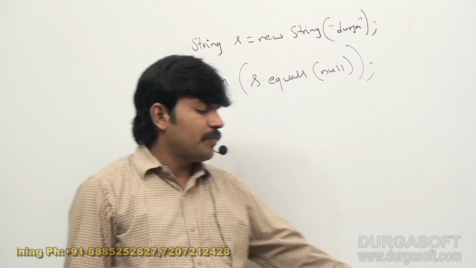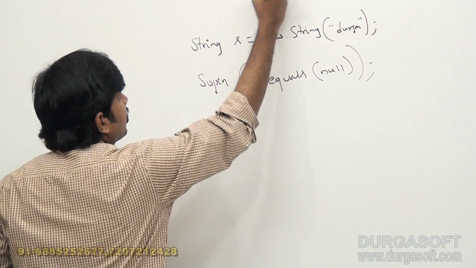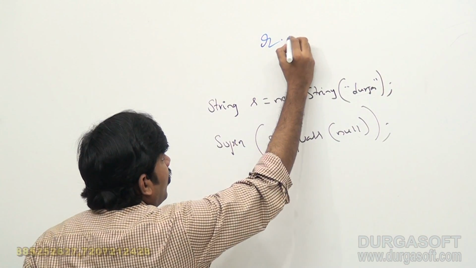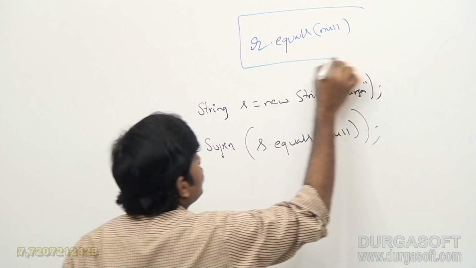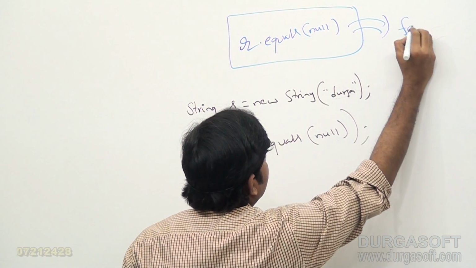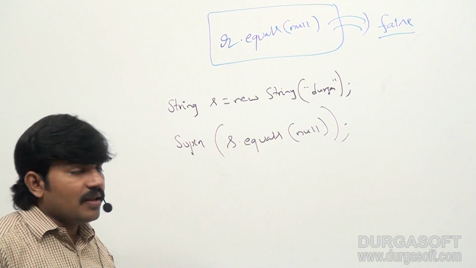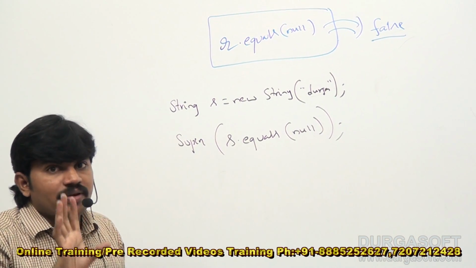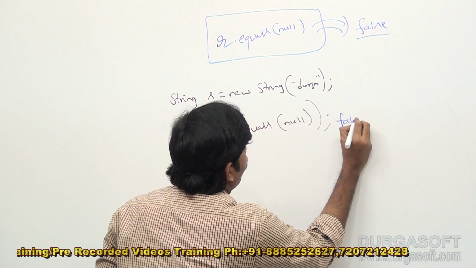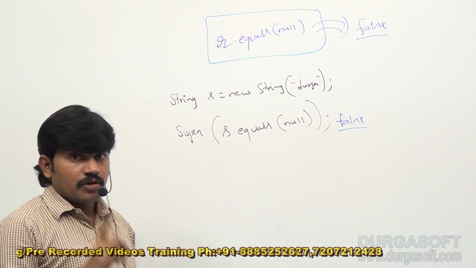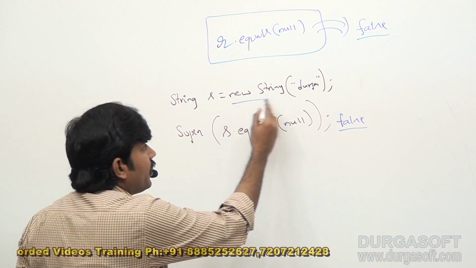Sir, a thumb rule you people should be aware of: for any object reference r, r.equals(null) always returns false only. Remember that. Sir, s.equals(null), the result we are going to get is false. But one small twist: compulsorily this s should point to an object.